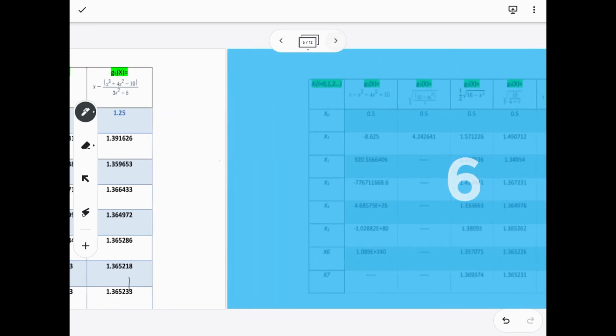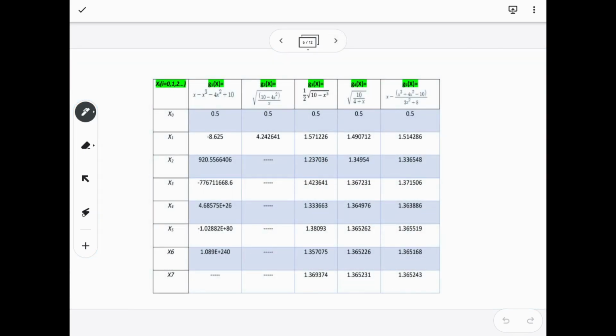If I change the initial approximation to 0.5, still I get for g1 and g2 that the successive approximations diverge, while for g3, g4 and g5 I see that the successive approximations converge.